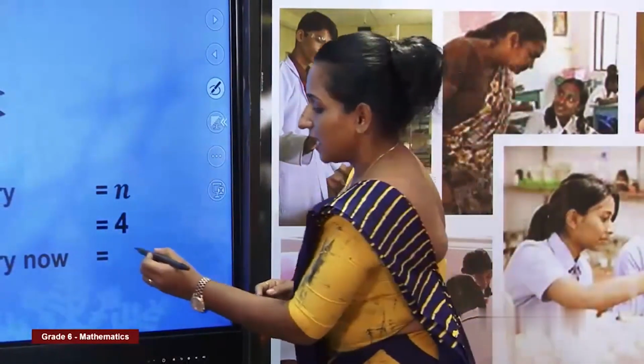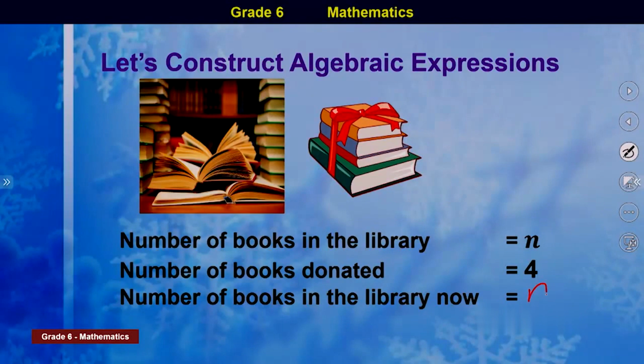We had n books in the library initially. With my 4 books, I have n plus 4 books in the library.